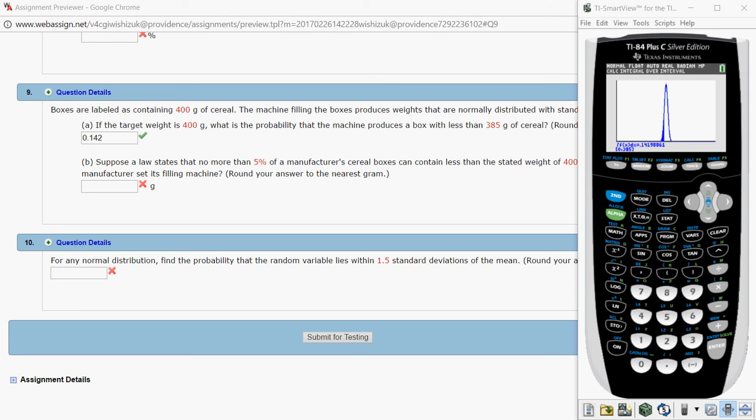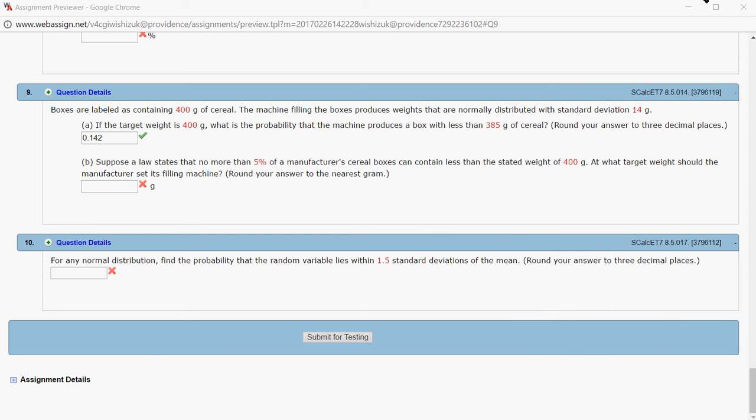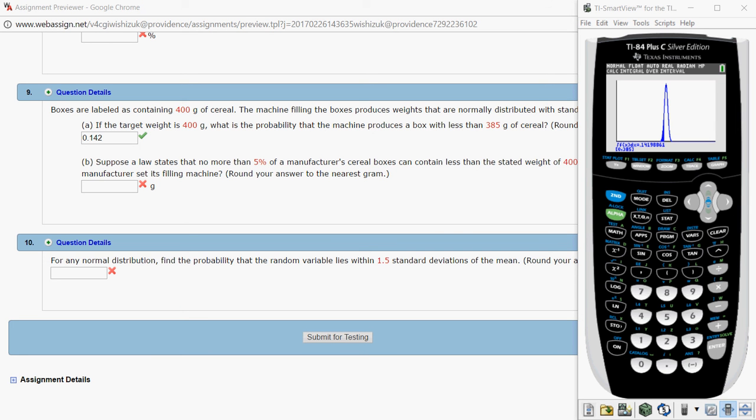Let's do part B. Suppose a law states that no more than 5% of the manufactured cereal boxes can contain less than 400 grams. What target weight should a manufacturer set its filling machine to?